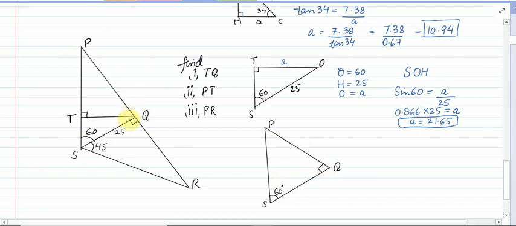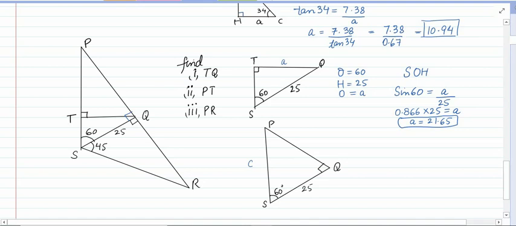In our main figure this angle is 90 and the value we know is 25, that is QS. We need to find the value of PS from this side. So let's call the length of PS C, right?